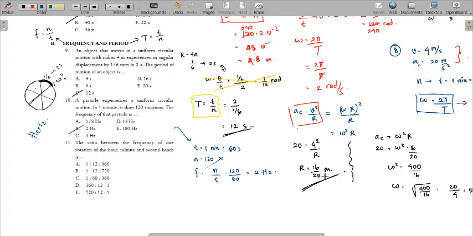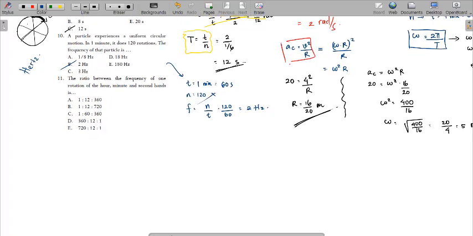Number 11. The ratio between frequency of hour, minute, and seconds. Wow.